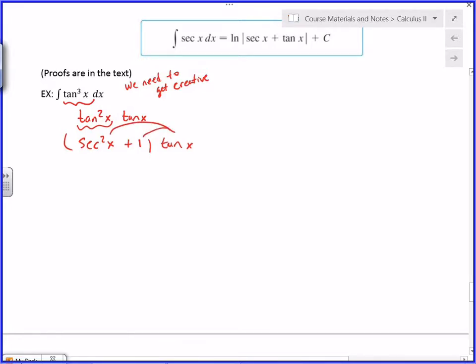So what I really have here is the integral of secant squared of x tangent of x minus tangent of x dx. Minus here, minus here.